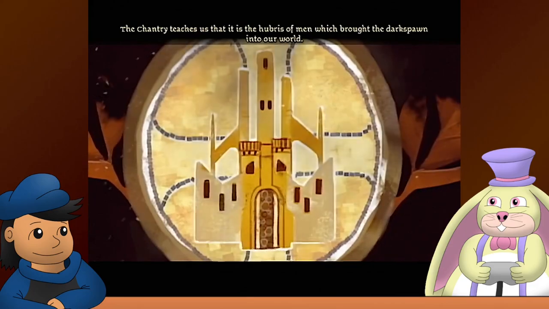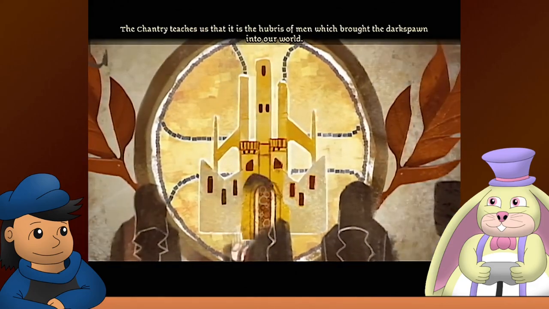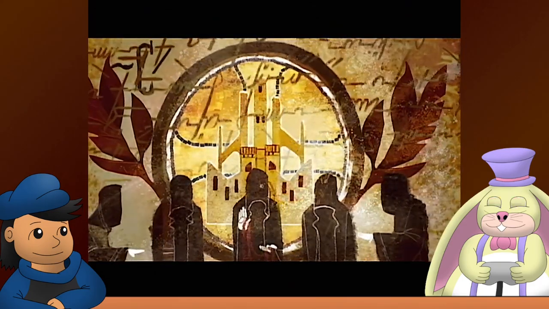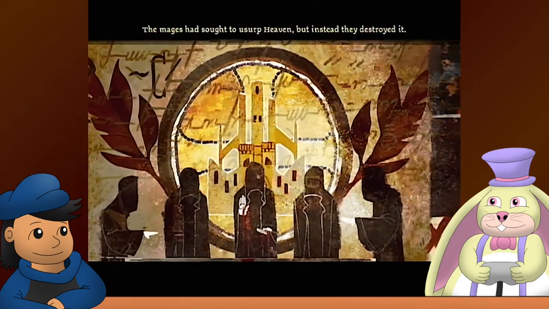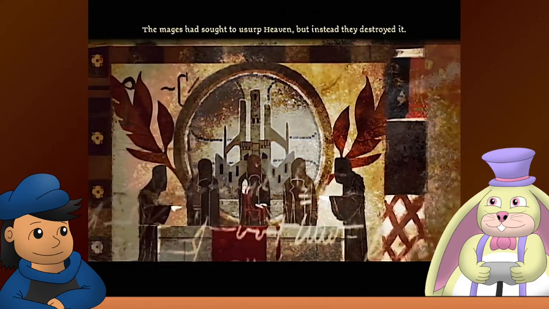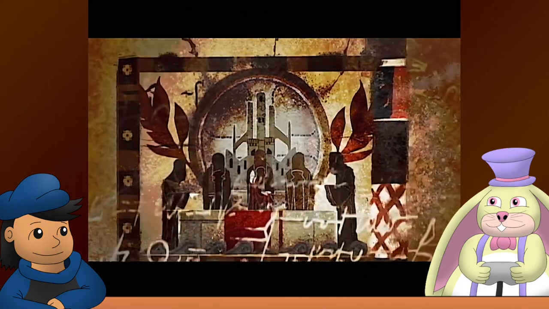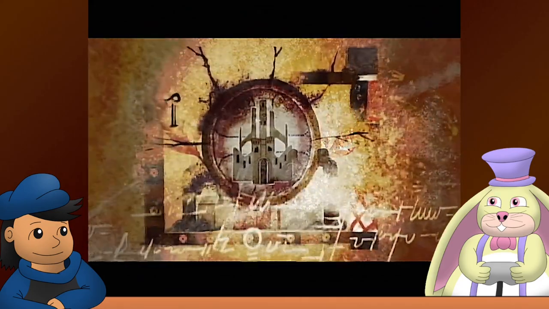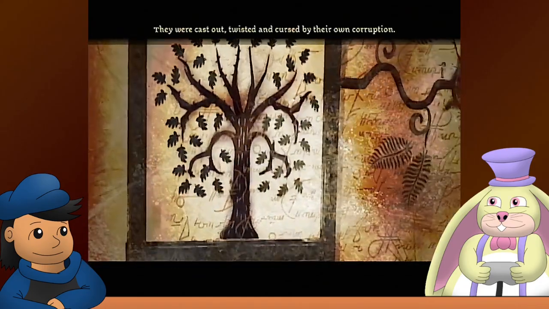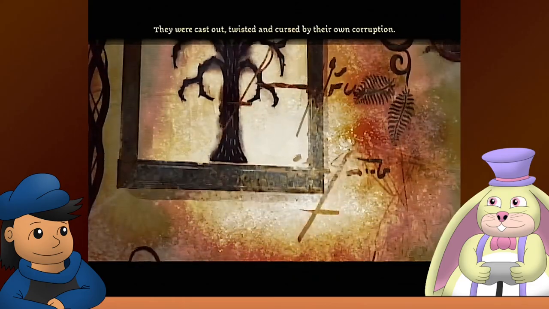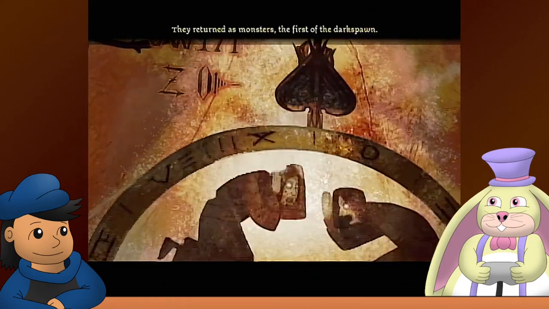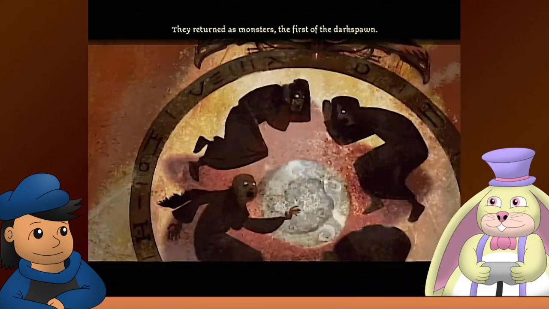The Chantry teaches us that it is the hubris of men which brought the Darkspawn into our world. The mages had sought to usurp heaven, but instead, they destroyed it. They were cast out, twisted and cursed by their own corruption. They returned as monsters, the first of the Darkspawn.